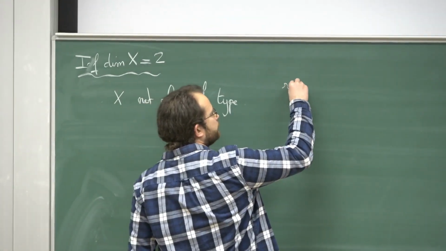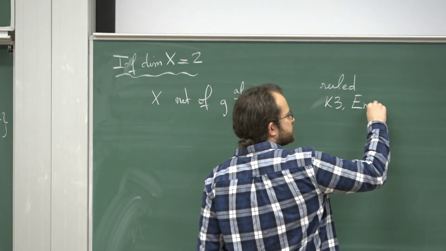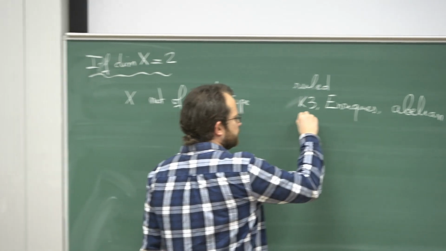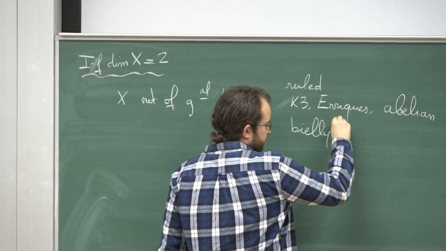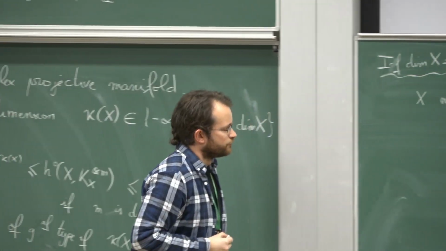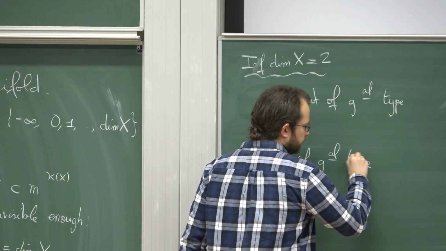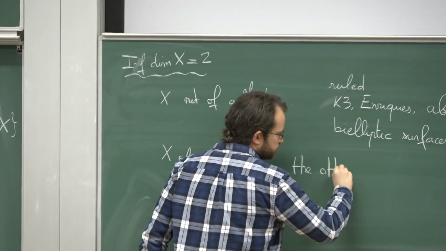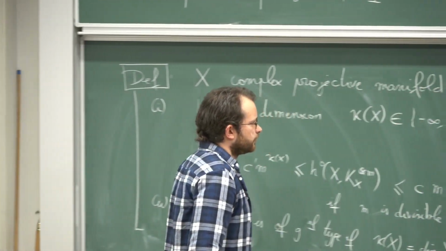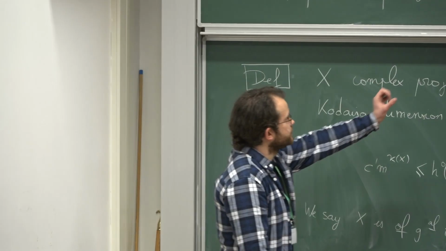I won't recall all of them, but you have the ruled surfaces, the K3, the Enriques, and the abelian surfaces, which have Kodaira dimension 0. You also have other surfaces such as bielliptic surfaces. And for the ones that are of general type, well, we cannot say much. These are all the atoms. Okay, so one of the purposes of complex hyperbolicity is to try to better understand this very large class.